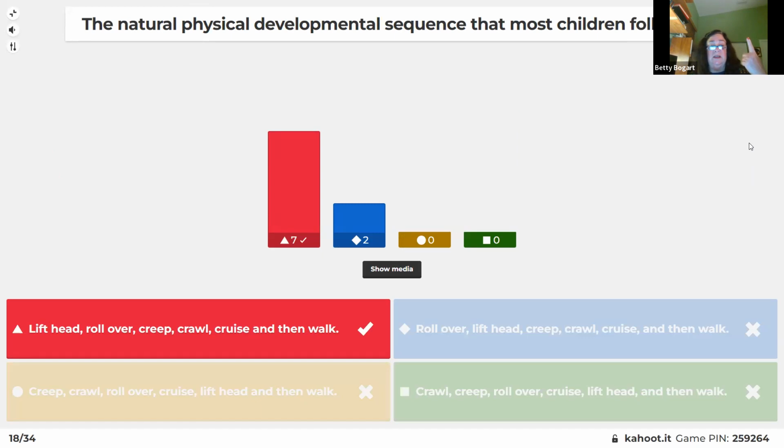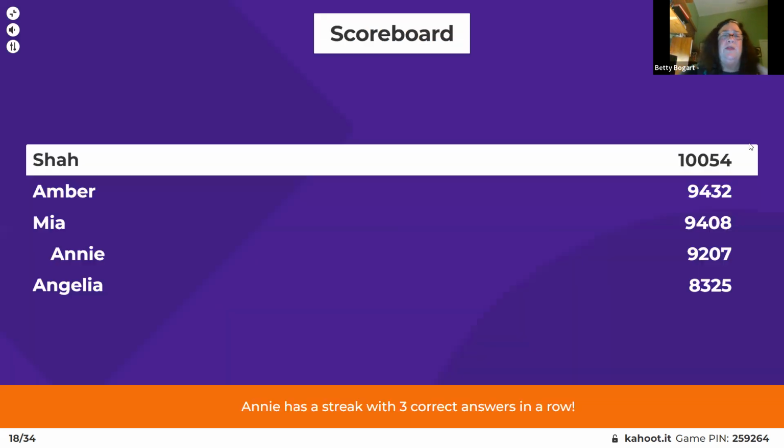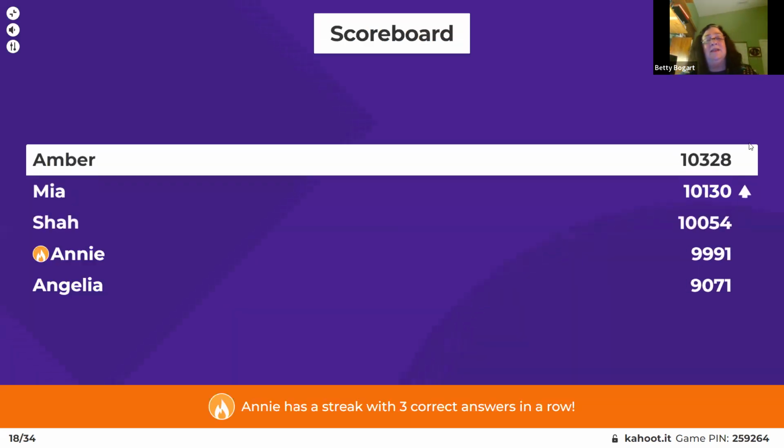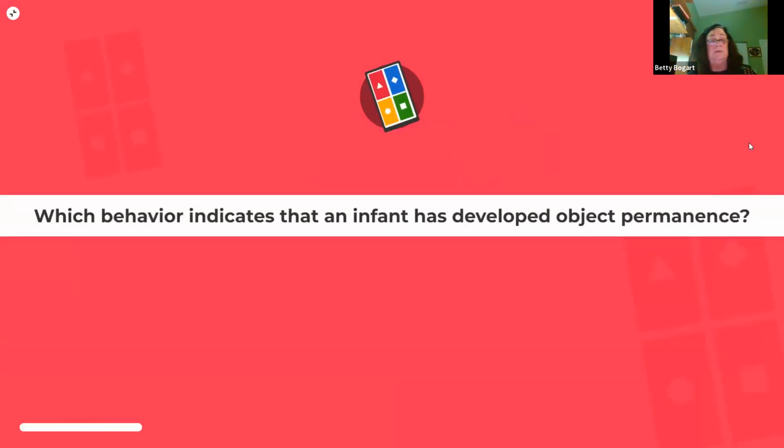That's the first thing they do. Then they roll from front to back, back to front, then they're up on their knees, creeping backwards, forwards, standing up, walking around, and then walking by age of 1 is what they say. Again, it doesn't matter if they're not there at age 1 or if they're earlier. It's just they're quicker or slower.